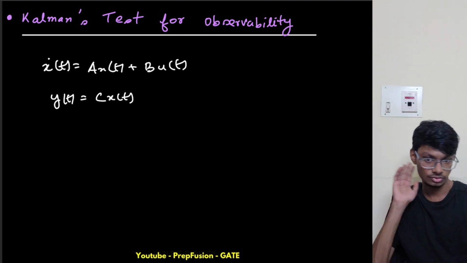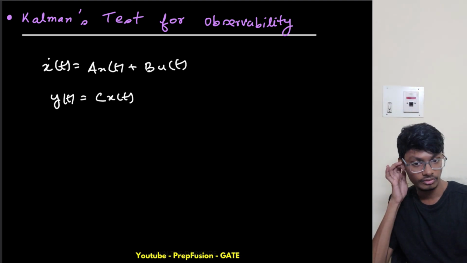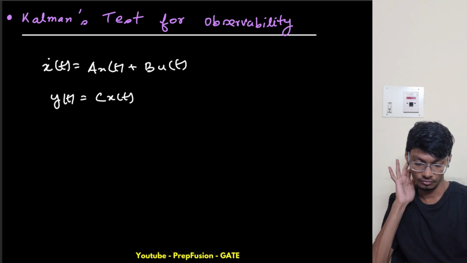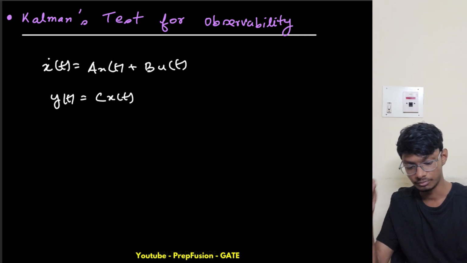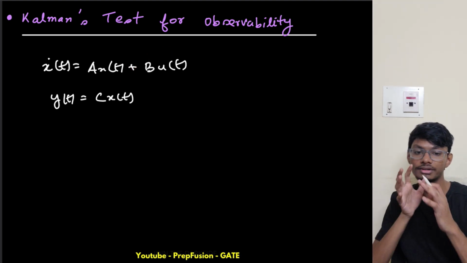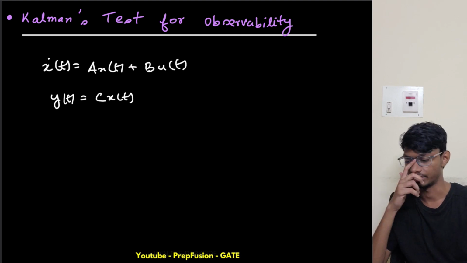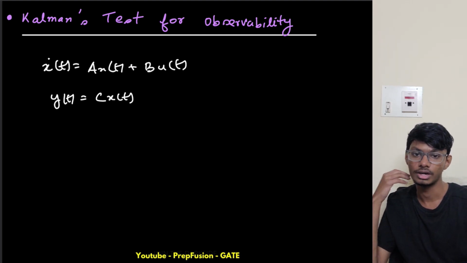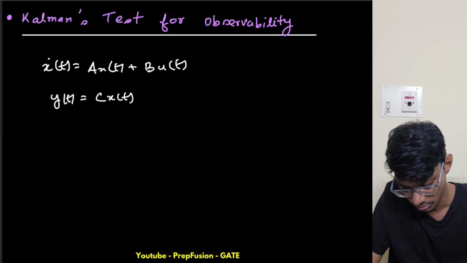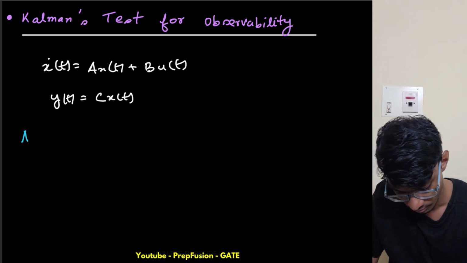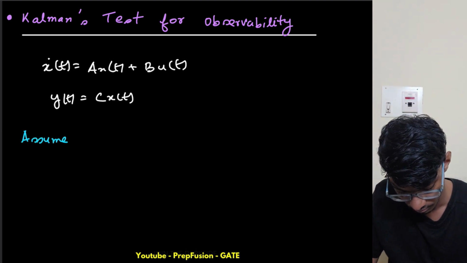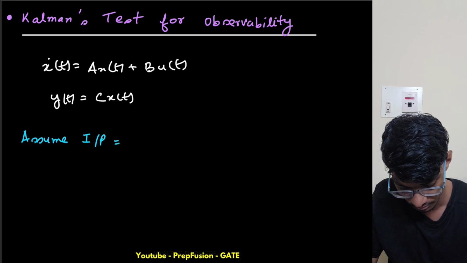What I will assume in this case is that my input is 0, for easier calculation. So I will find the zero input response.